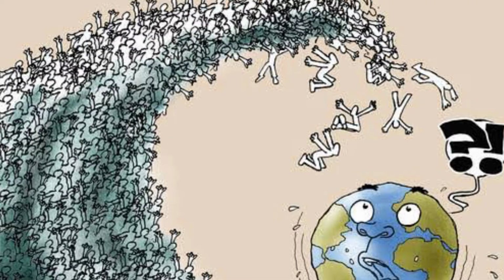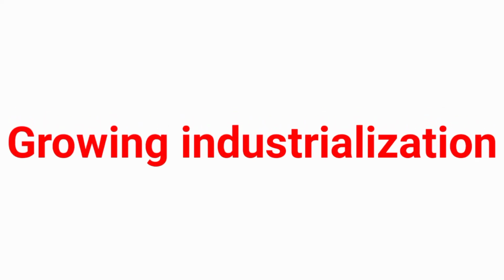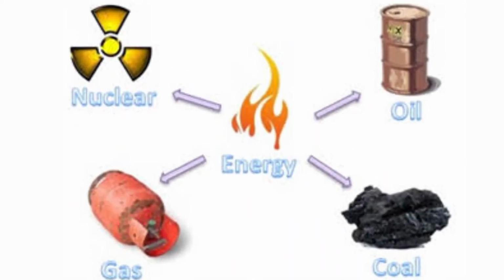Now let us see growing industrialization. With increased industrialization and extraction of minerals, ores and crude oil, water use increases, resulting in the emptying of mines, oil wells and water resources.